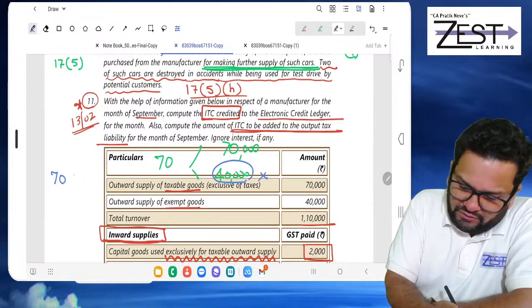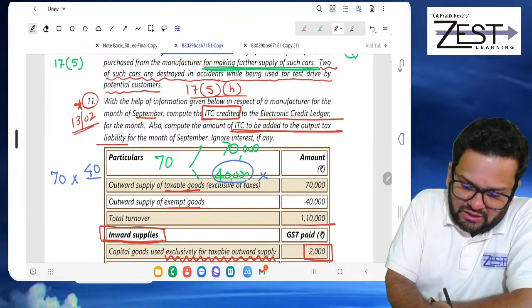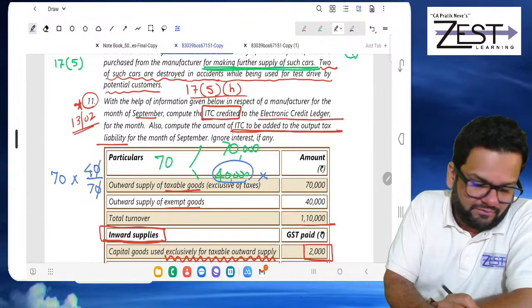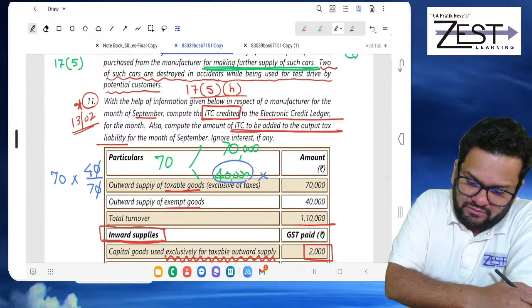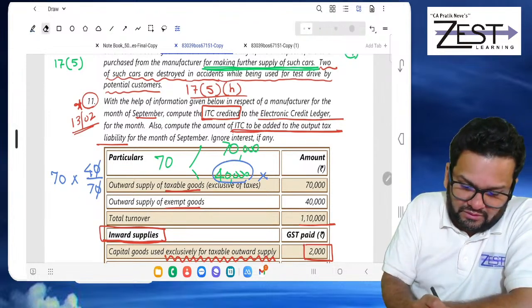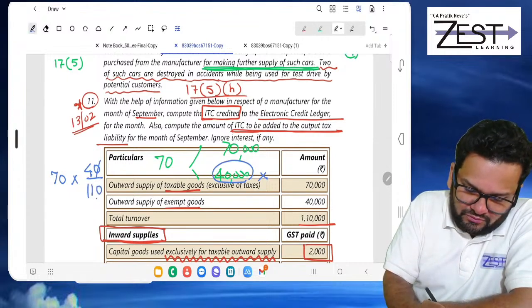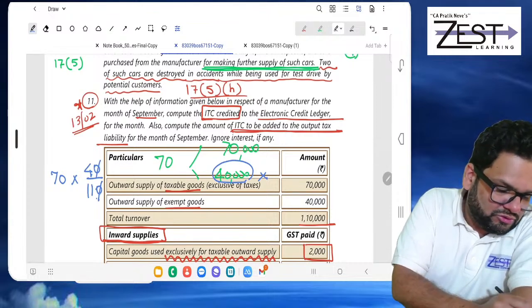So can you do 70 multiplied by 40,000 upon 70,000? This also you cut. So can you do 70 divided by, into 40,000 upon 110,000? So can you do 70 divided by 11 into 4?